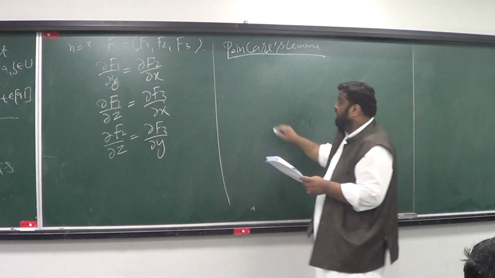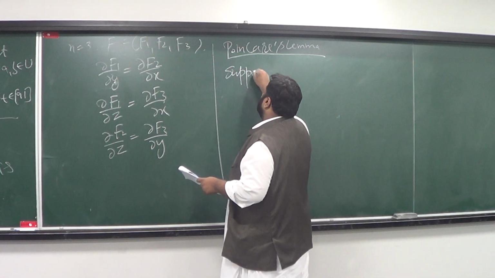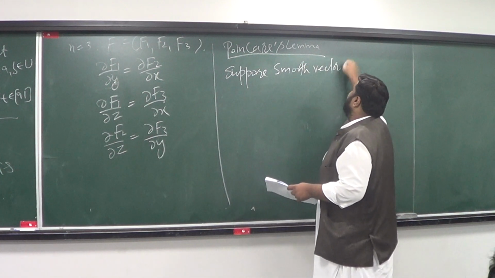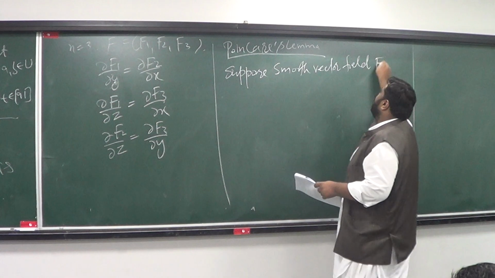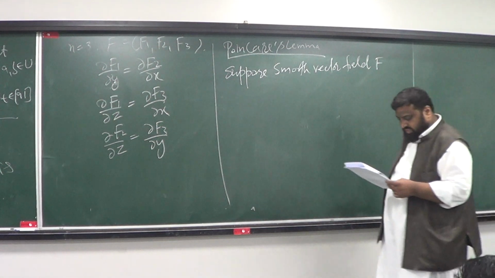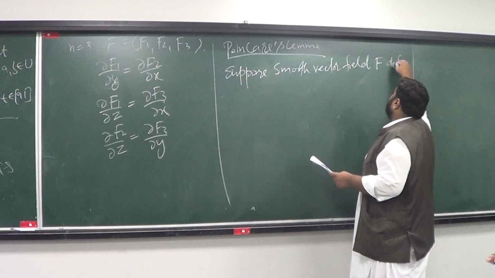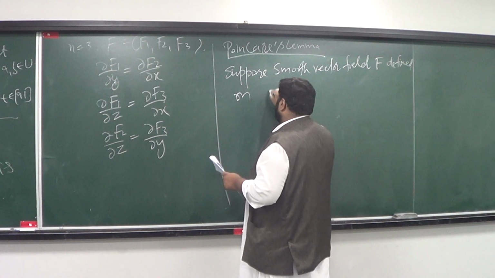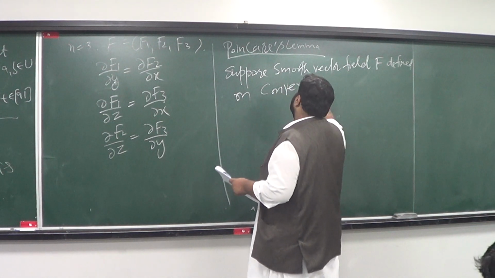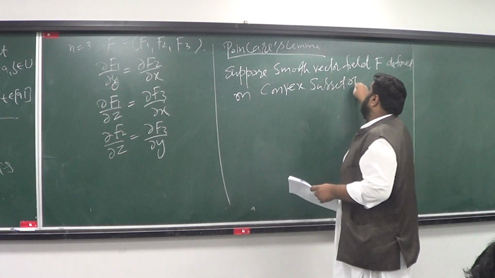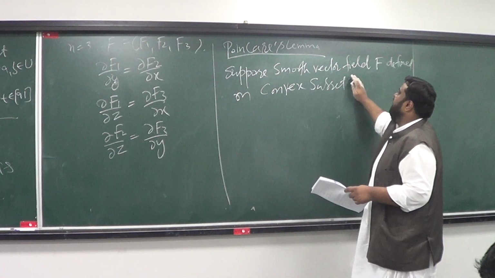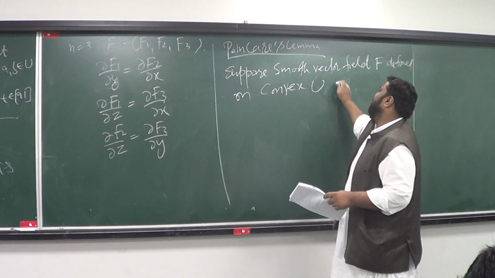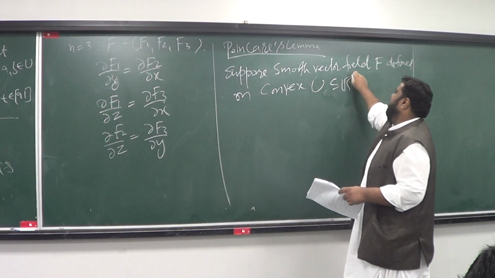It says that suppose you have a smooth vector field F defined on a convex subset of Rn, a convex set U that is a subset of Rn.